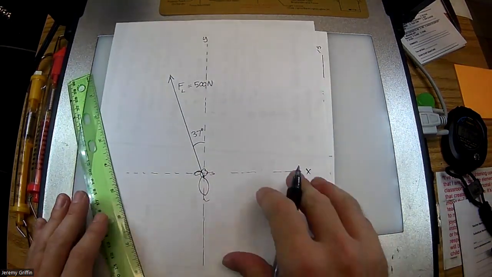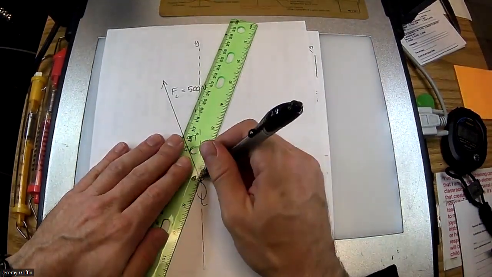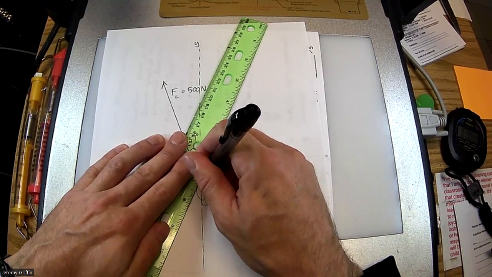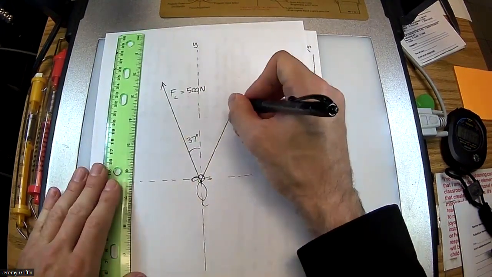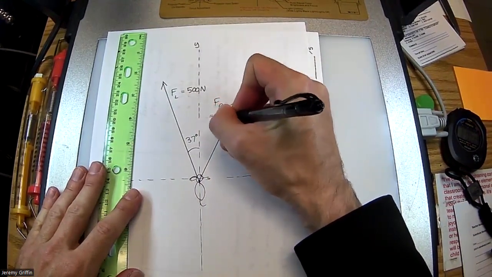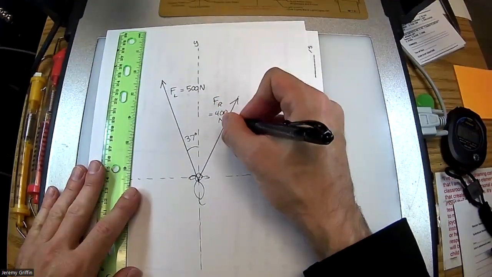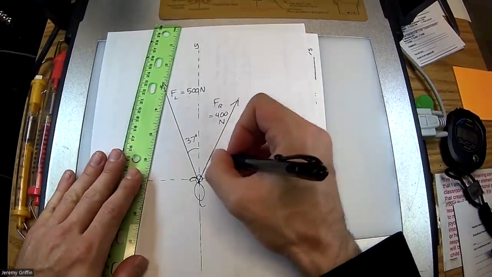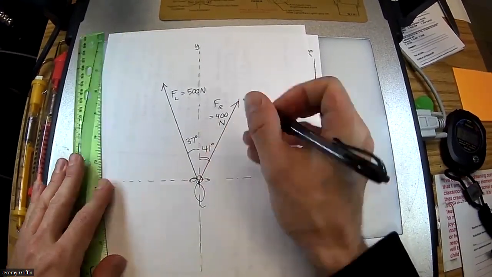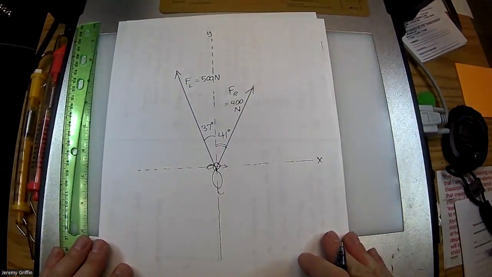Ooh, I sure do like that number. And let's say another guy's pulling with a force on the right equal to 400 newtons. Newtons is the measure of force. And let's call this angle here, how about 41 degrees, just something crazy, right? Okay, you got that?